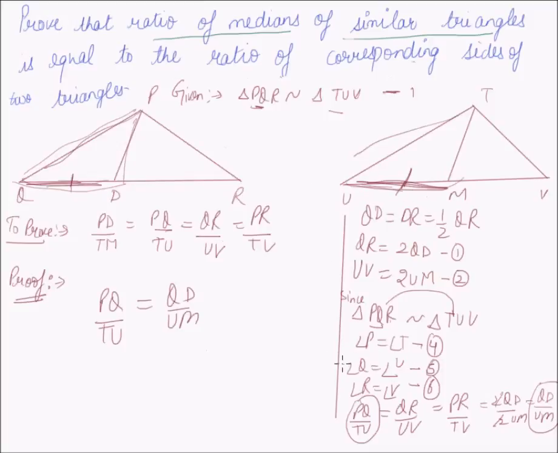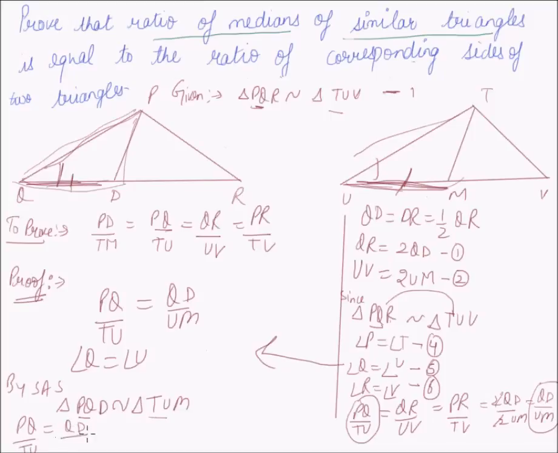And also from here we can say that angle Q is equal to angle U. So by SAS criteria we can say that these two triangles are similar, that is triangle PQD is similar to triangle TUM. Since these two triangles are similar, their corresponding sides will be proportional, that is PQ over TU is equal to QD over UM is equal to PD over TM.